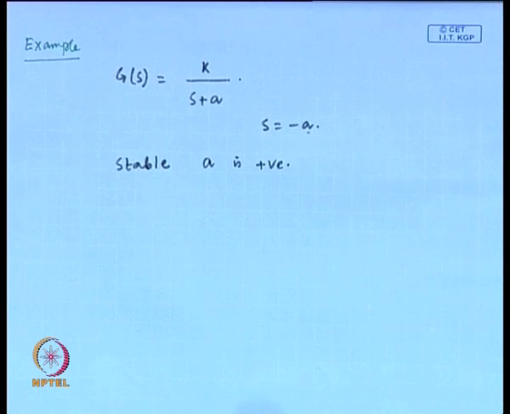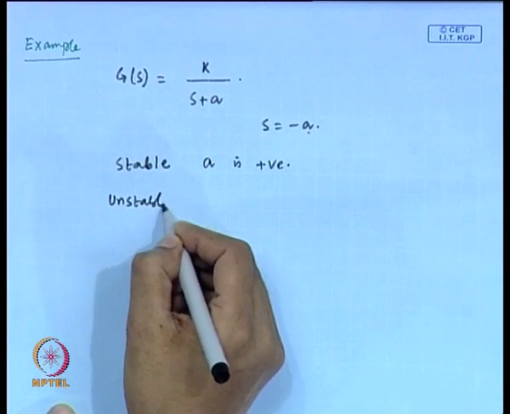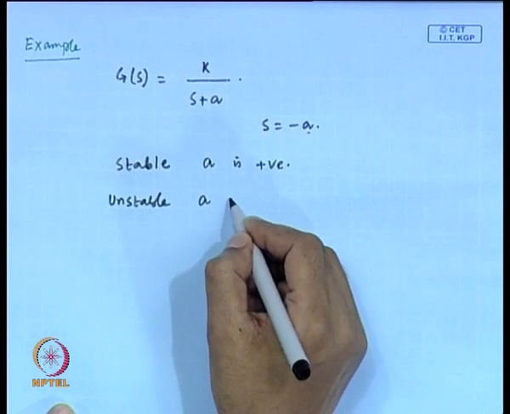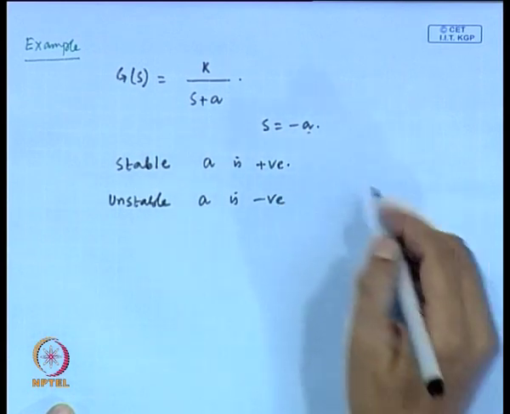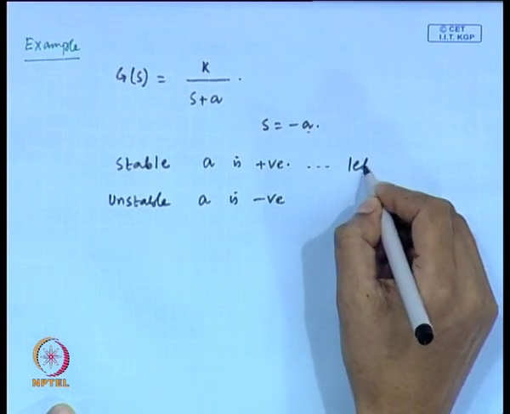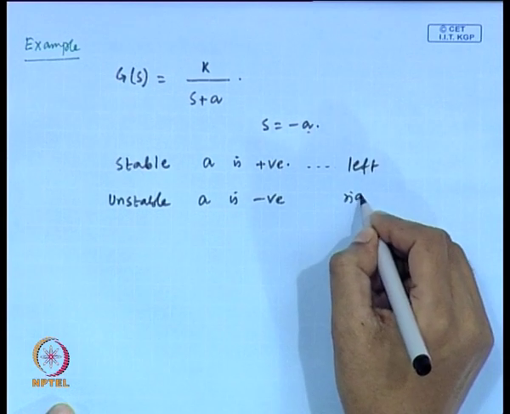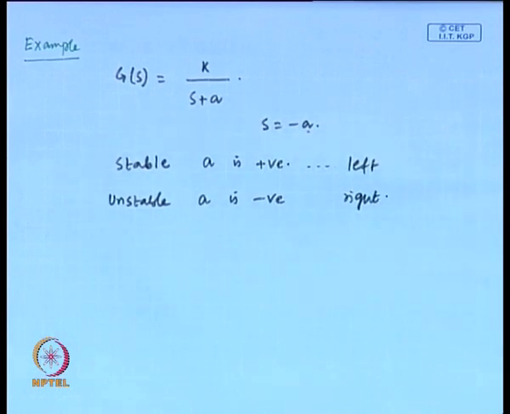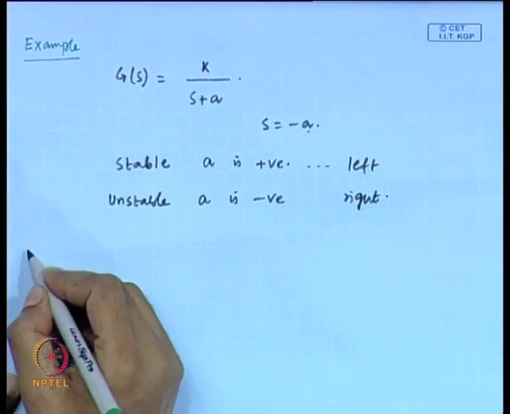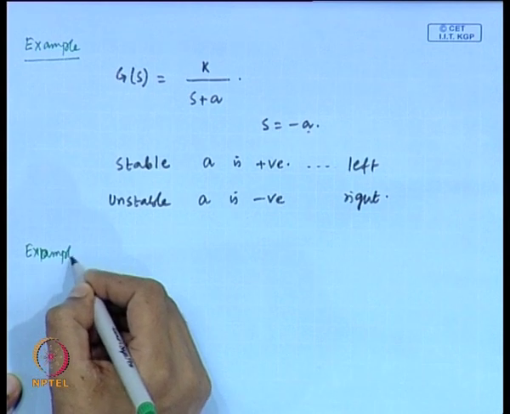Fine. If A is negative, this is unstable, because in this case the pole lies in the left side of the imaginary axis, and in this case the pole lies in the right side of the imaginary axis. Another example we can consider, that is the liquid level system.